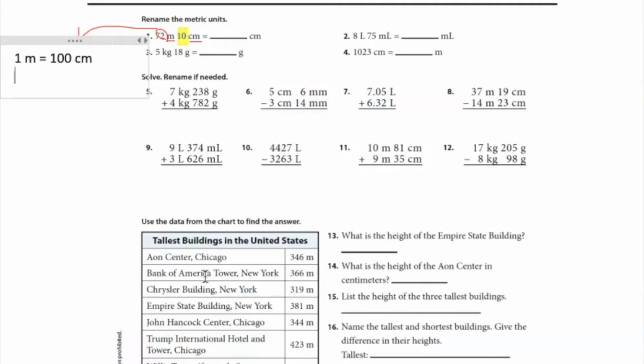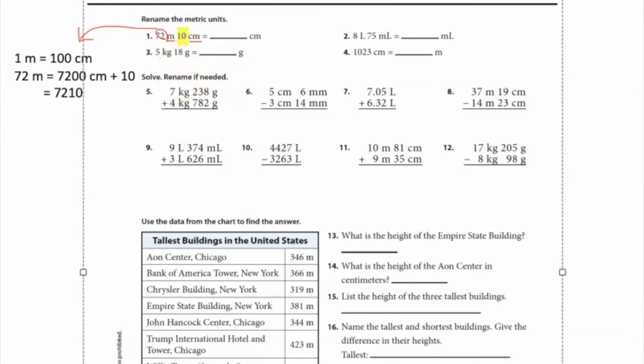And if there are 72 meter, then how many centimeter is this? We need to times by 100, and it will give us 7200 centimeter. And there is an extra 10 centimeter, right? So we just need to add 7200 with 10, and it will give us 7210 centimeter.